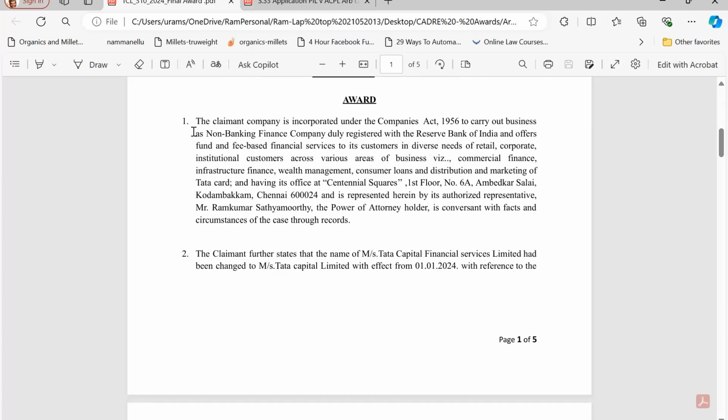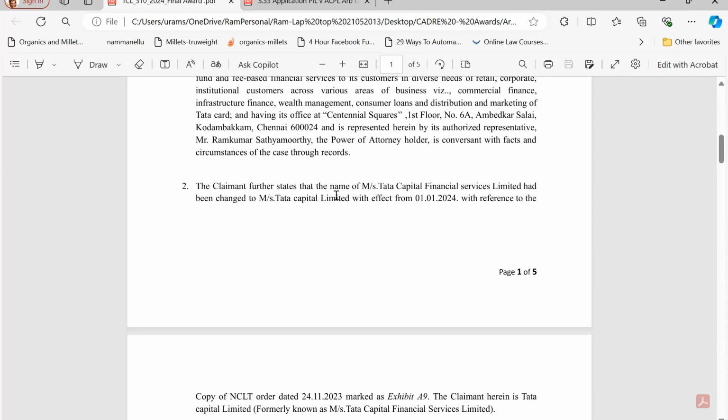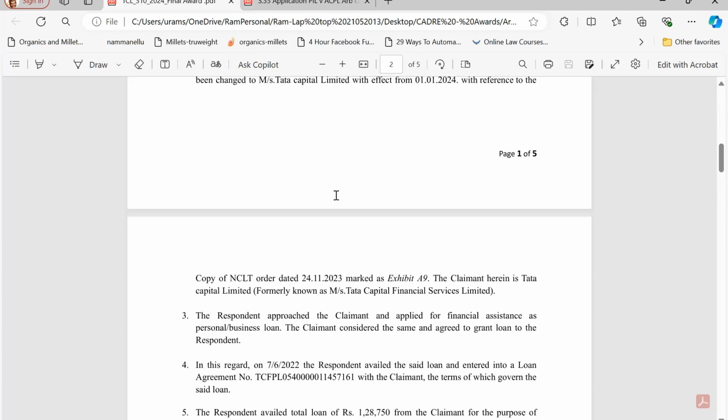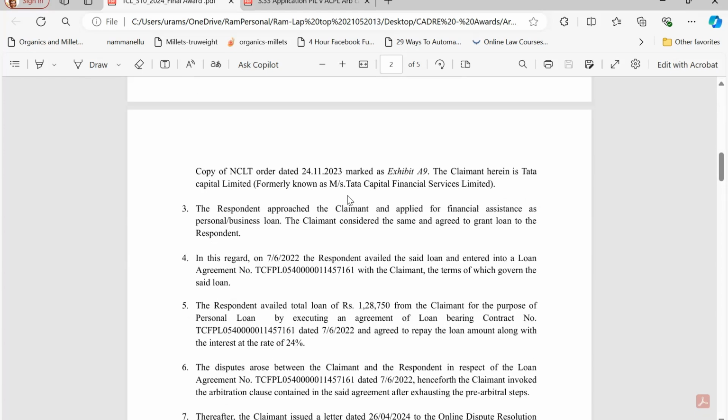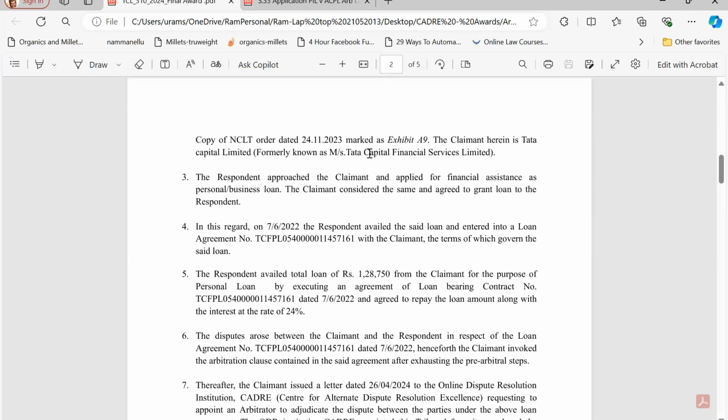In the first part, the claimant details and nature of business, and the respondent details and their work, will be mentioned here. Whatever documents are submitted by the parties during the arbitration proceedings will be marked as exhibits, such as 1, 2, 3, or A, B, C, D, and will be referred to in the arbitration award.